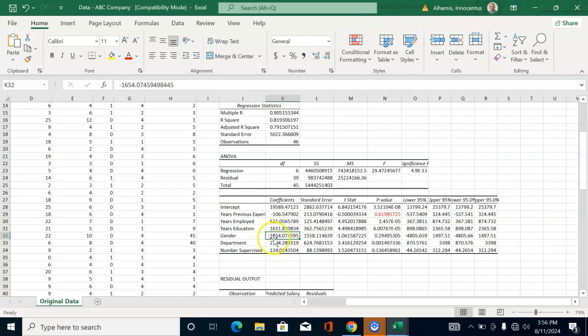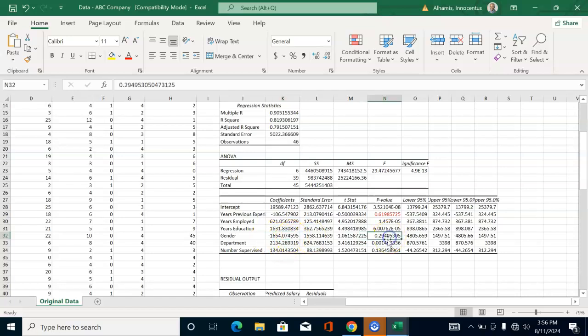Let's look at gender, and in this case we can see that we have a negative, and in fact in our model we consider this to be negative. So that means your gender will determine how much you earn, and if you're in a certain gender, then your salary will be less by 1,654.07. However, this amount can be significant depending on the probability value.